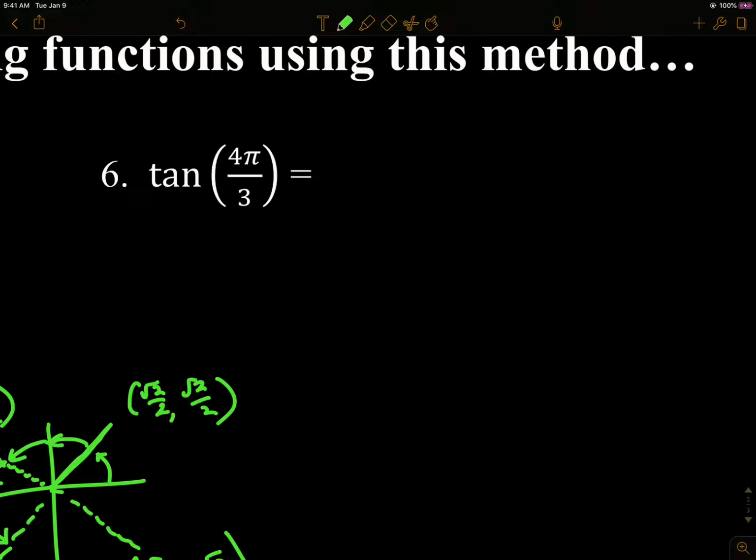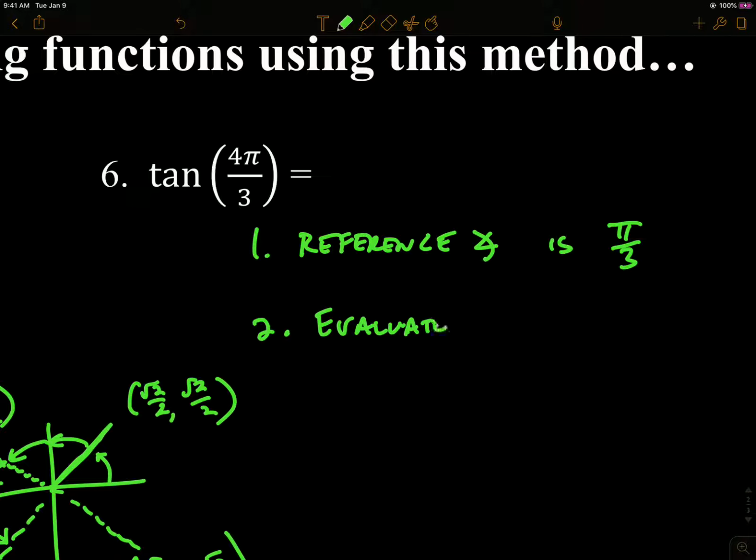All right, let's try this one. Tangent of 4 pi over 3. So I know that my reference angle is pi over 3. So now I want to evaluate tangent of pi over 3. That's in quadrant 1.